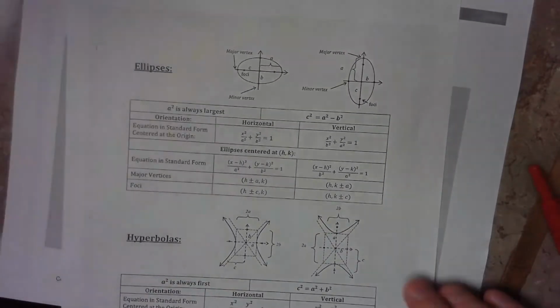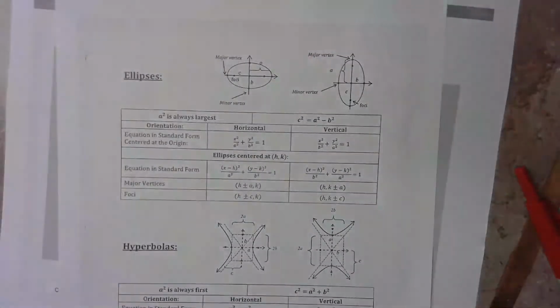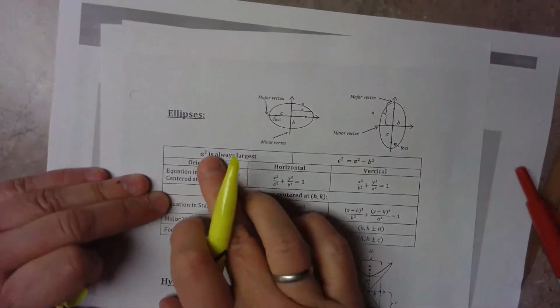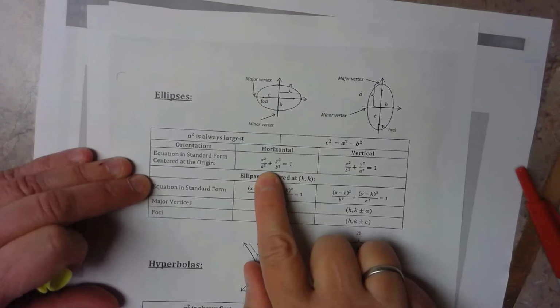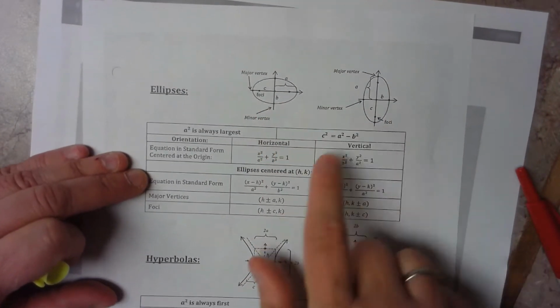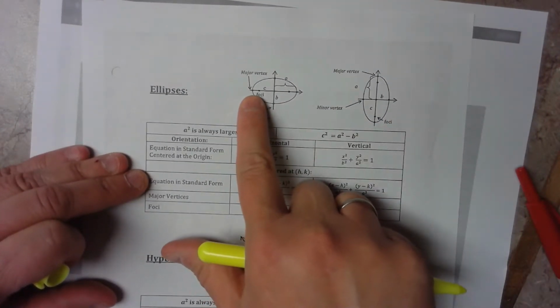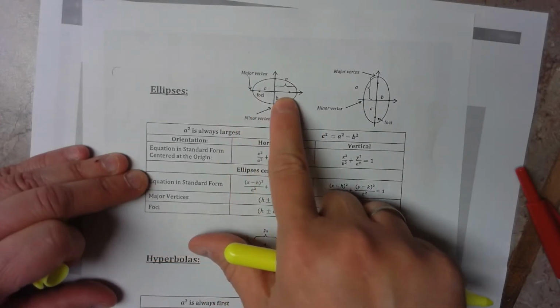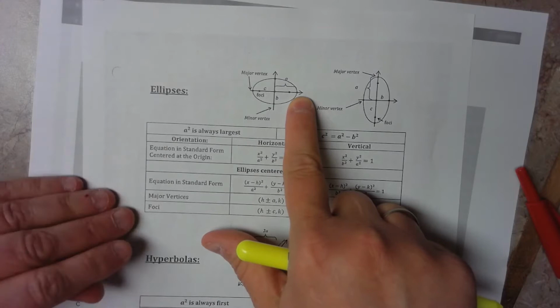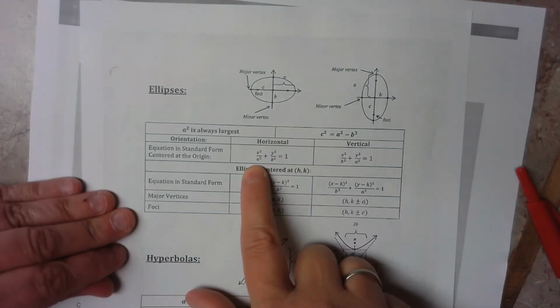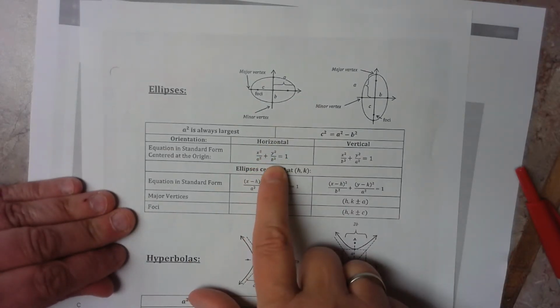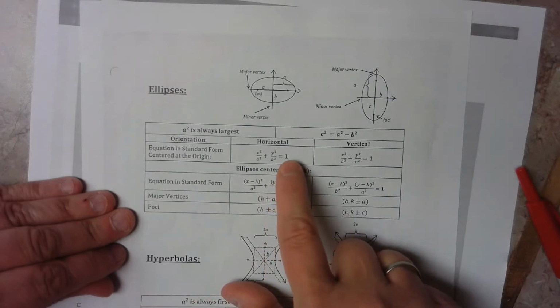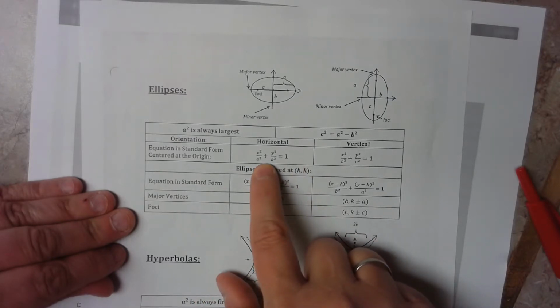Now there's something I want to draw your attention to here, way up here. First of all, we've got 2 different orientations we can have. If the elongated part of the oval is on the horizontal, we've got x squared over a squared plus y squared over b squared equals 1. Ellipses always equal 1, and they're always a sum.